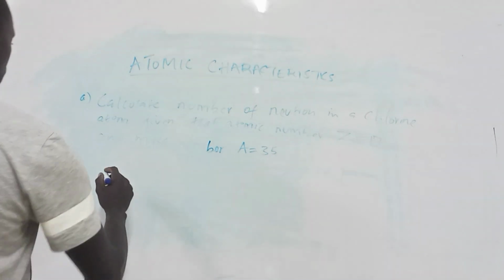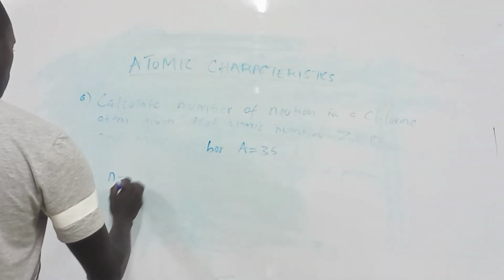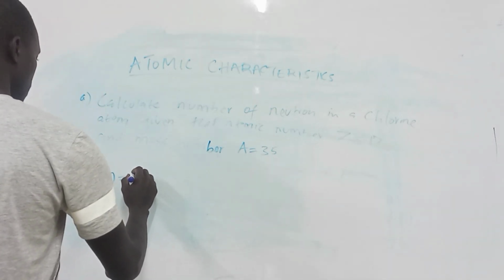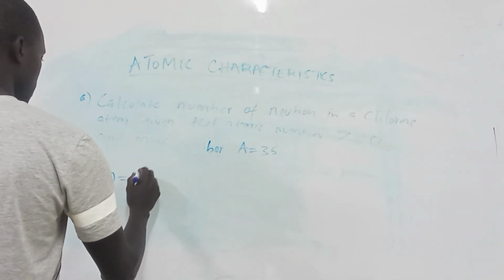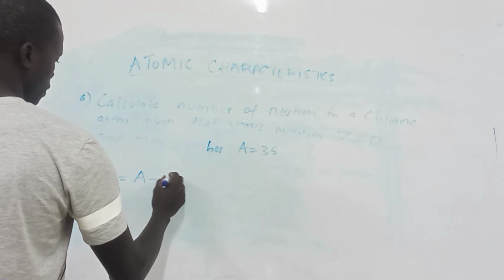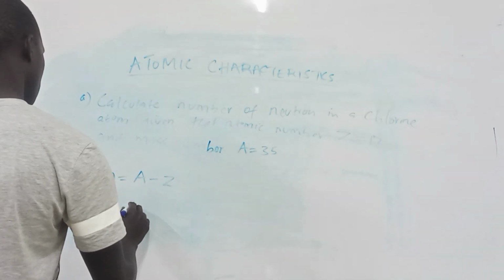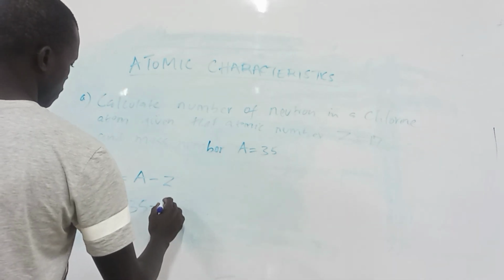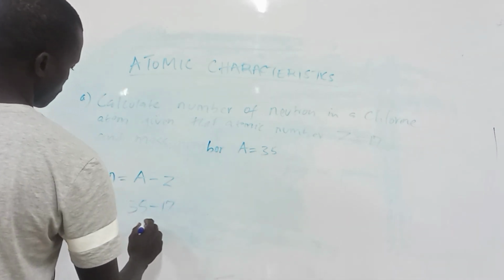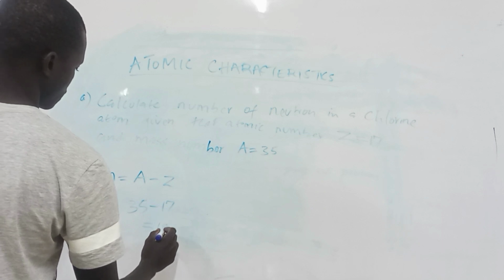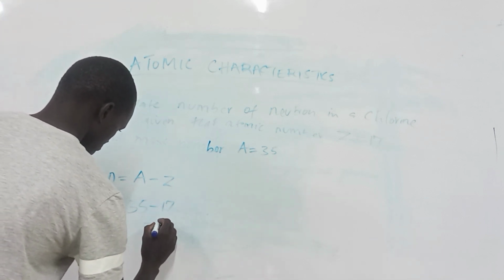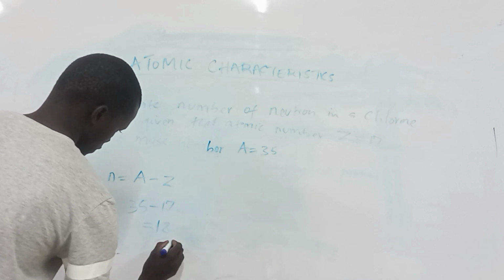Now we say that for us to get neutrons, we subtract the atomic number from the mass number. Mass number is A, atomic number is Z. So you take 35 minus 17. I'll have it as 18. The number of neutrons becomes 18.